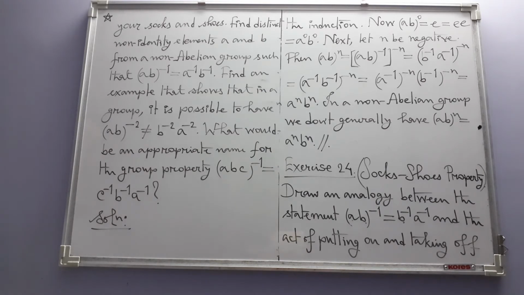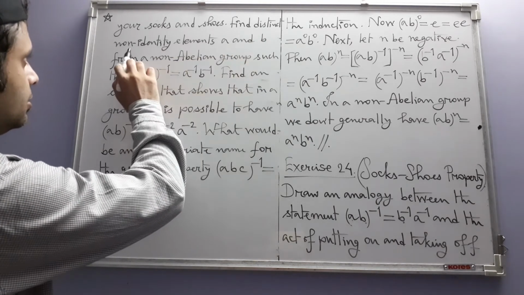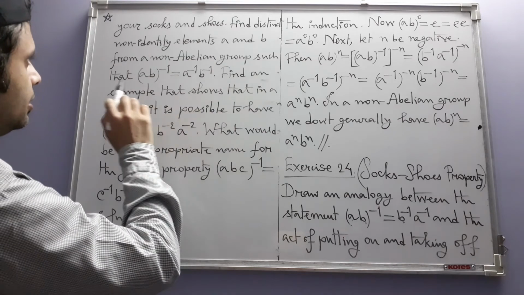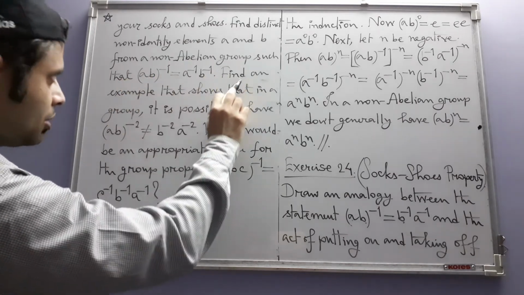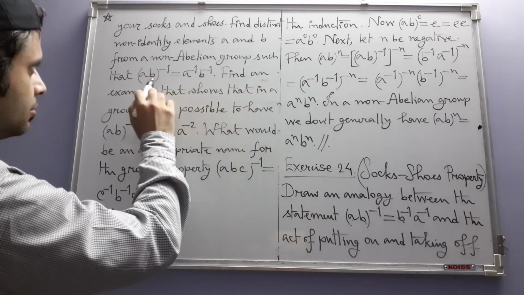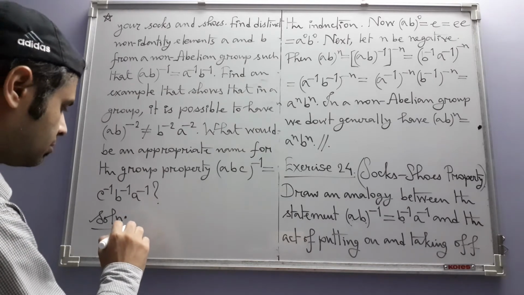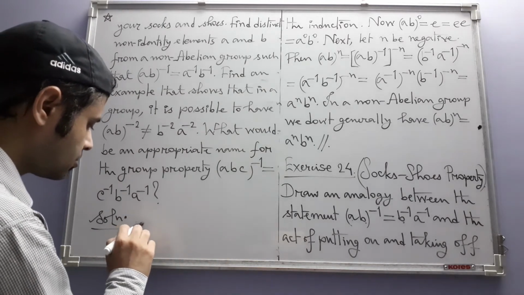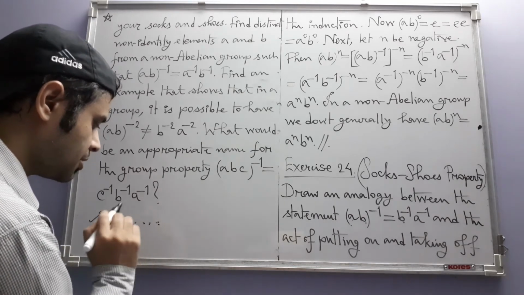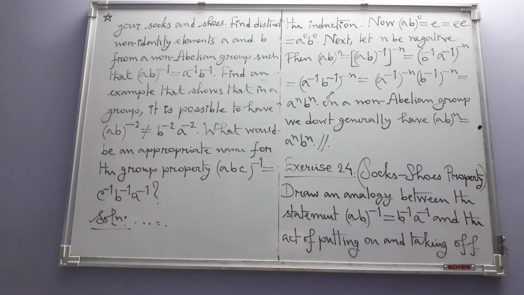Okay, after this we have been asked to find distinct non-identity elements in a non-abelian group such that this happens. For this, so that socks shoes thing is gone, you write something to explain that.